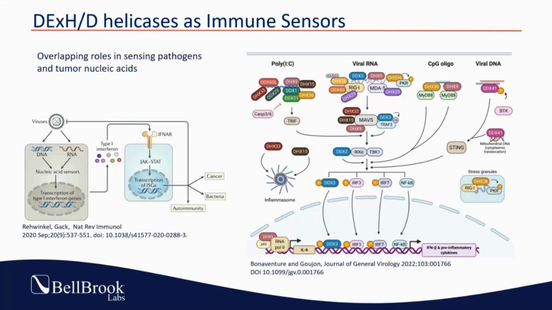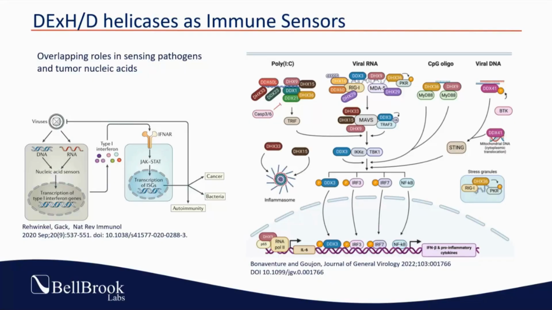You want them to respond to things like viruses, but if they become hypersensitized, then you have an autoimmune condition. Similarly, you want them to respond to tumor DNA, but they can also respond in a negative fashion and actually act as immune checkpoints. And I'll give you an example of that, of a drug that's actually in the clinic.